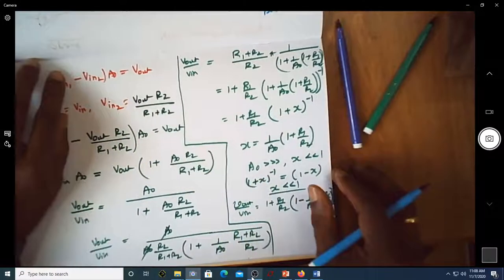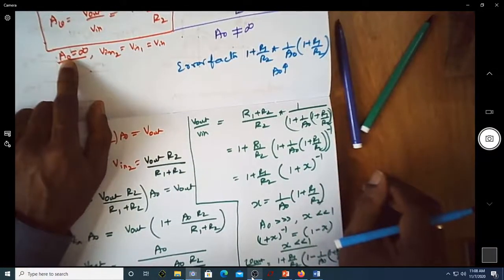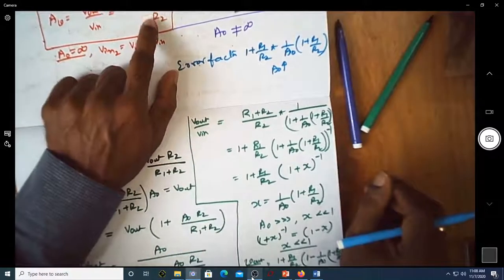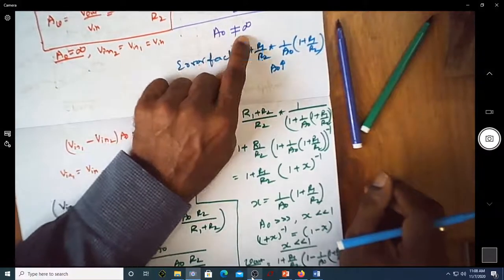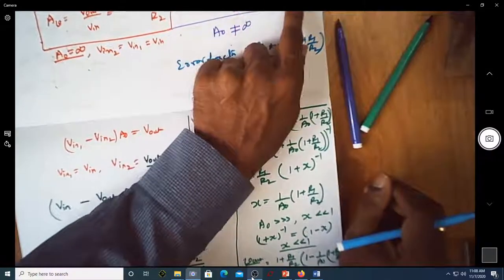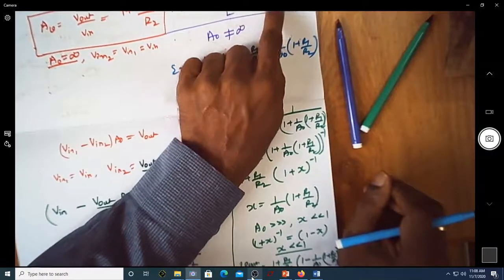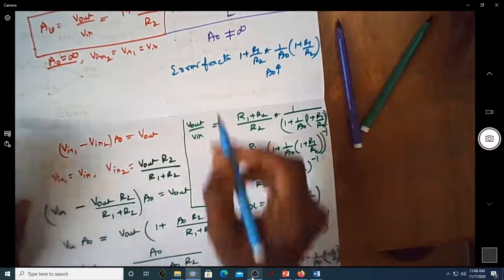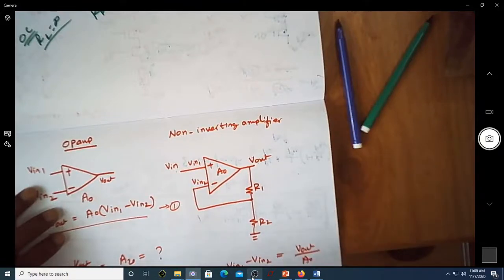We're going to get the expression for an ideal op-amp with A naught equal to infinity as 1 plus R1 by R2. If it is non-ideal where A0 is not infinity, we will have a small corrective term, which will be 1 minus 1 over A0 times 1 plus R1 by R2. This R1 is the resistor connecting between output and the input, and of course this is the R2 resistor.